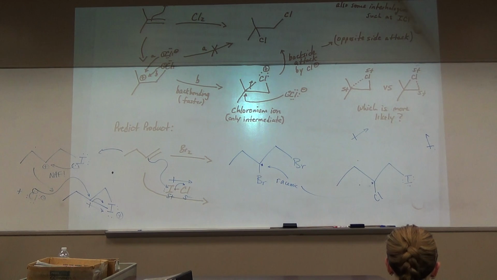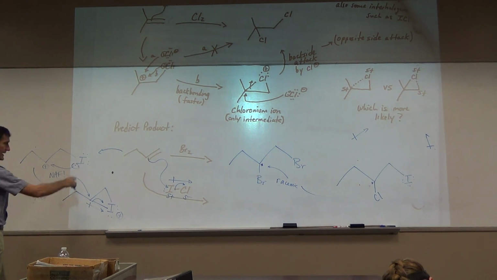There's your product. So which carbon is the iodine going to be on, the first one or the second one? Oh, the first one. Iodine's on the first carbon, right? We see that from our mechanistic knowledge, not from having to memorize anything.